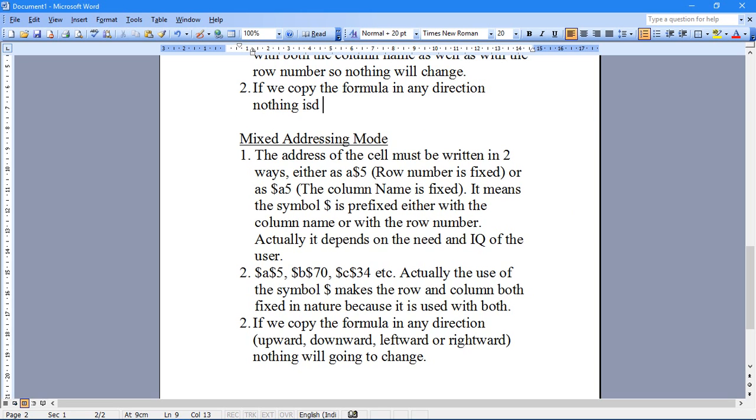Okay, now I'm again coming to the mixed addressing mode. In the mixed addressing mode, the symbol dollar is either fixed with the row number or fixed with the column name. If it is fixed with the row number, it will not change. If it is fixed with the column name, it is not changed. I am writing it here.